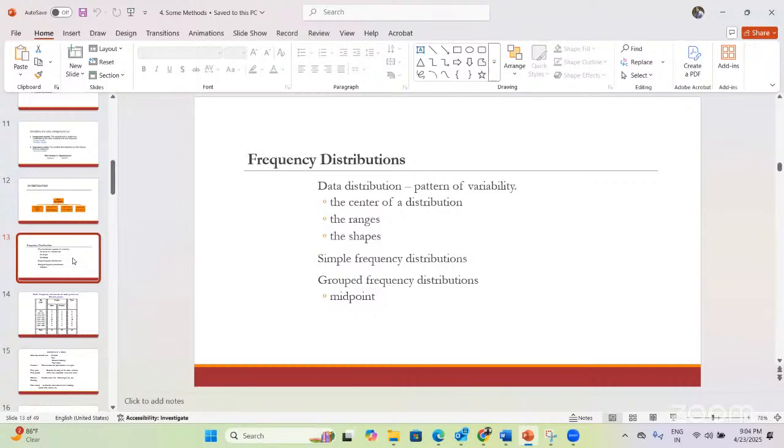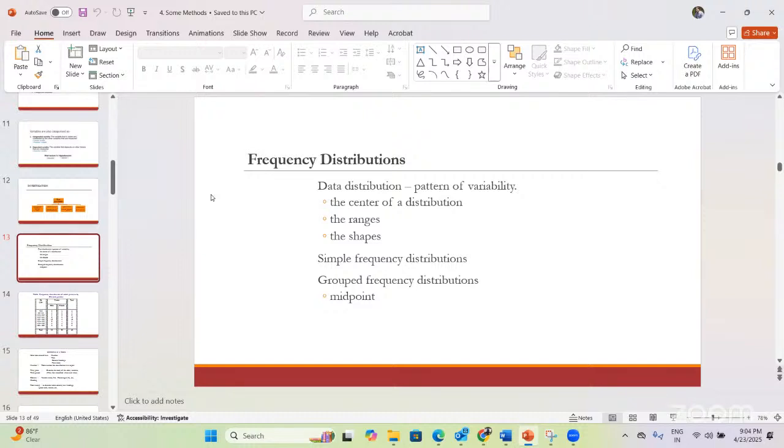So how to understand the data? This is the first step we do in every survey or in every data. At the first stage, we do the frequency distribution. We want to see how the data is distributed, what kind of distribution or what kind of sample is in my data.